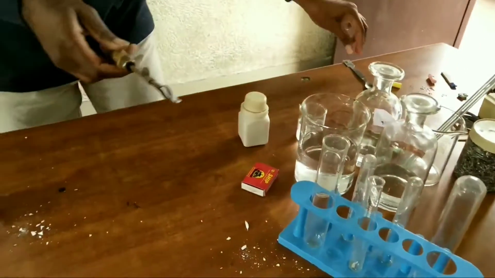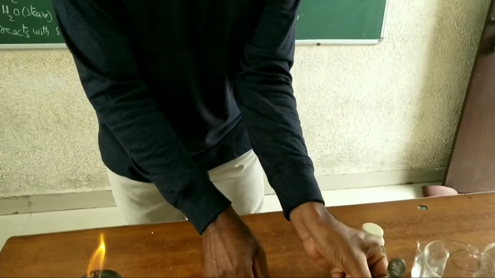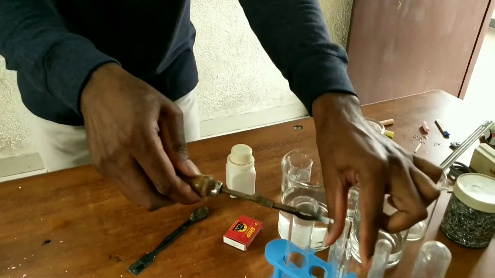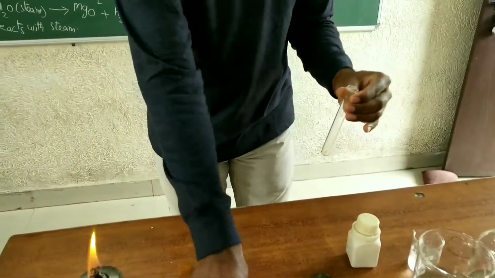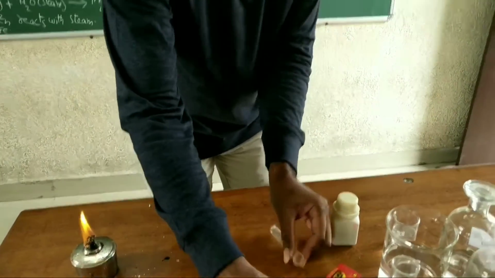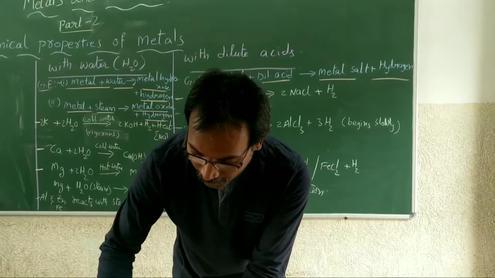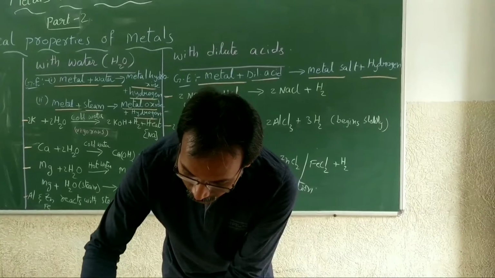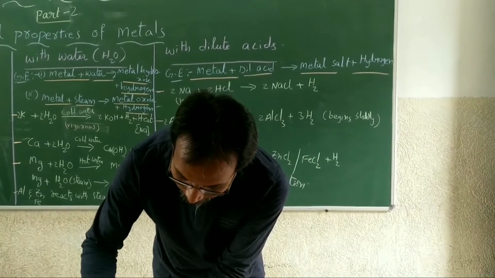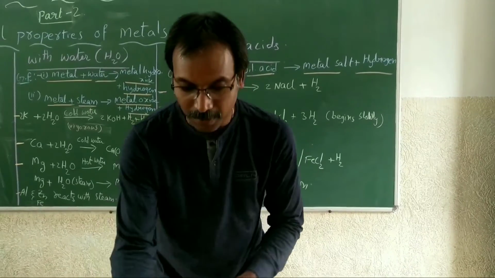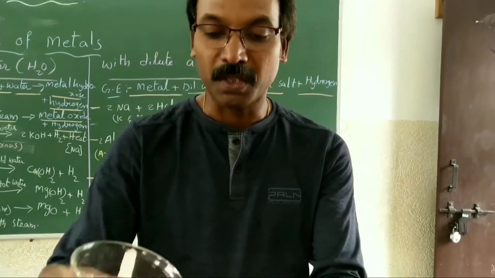I am dropping this ash into the test tube and putting some water into it. I am dissolving this magnesium oxide, and that solution I am testing with litmus paper.